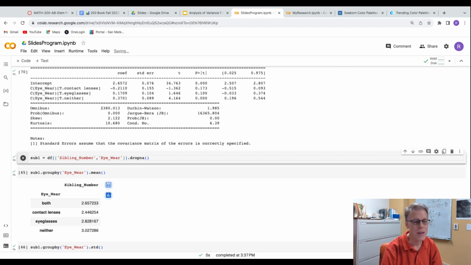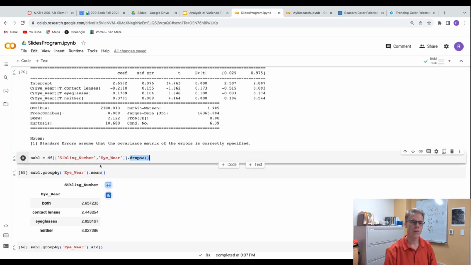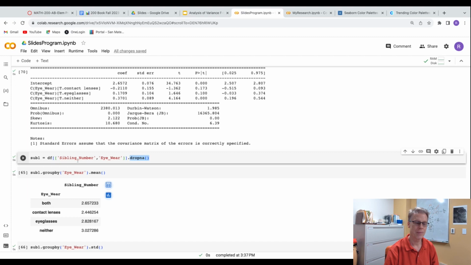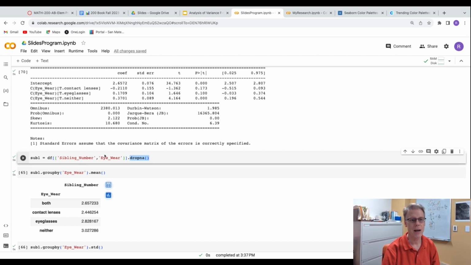All this is doing is saying, make a subset of the data frame that only has these two variables, and drop any rows where either one of these has a NaN. So I'm only going to look at the people that had a sibling number in there that I haven't data managed out, and an eyewear category that I haven't data managed out. These are the only two variables in this data frame, sub 1.